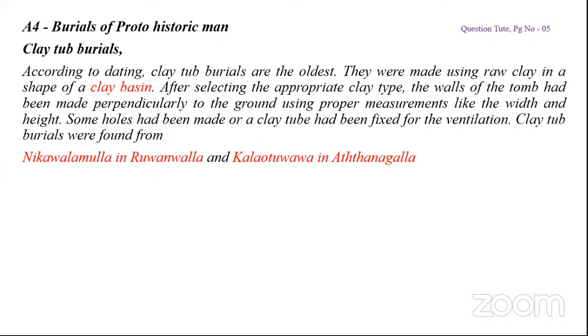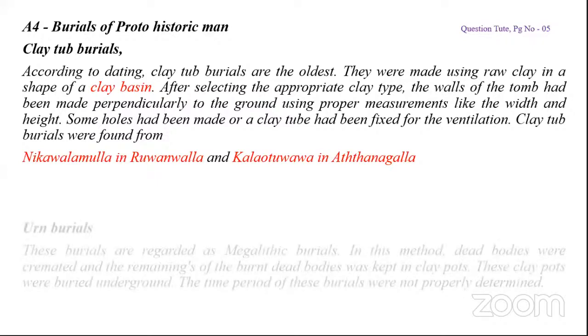They did not know about oxygen, but they knew that air is needed for burning. So that is the evidence that early people knew air is needed for burning. Clay tub burials are found from Nikalamulla in Ruanwella and Kalotuwawa in Atanagalla. So this is clay tub burials.